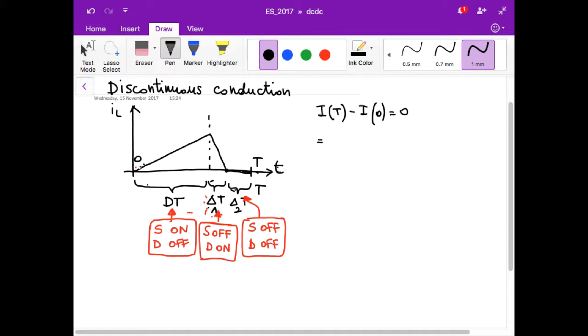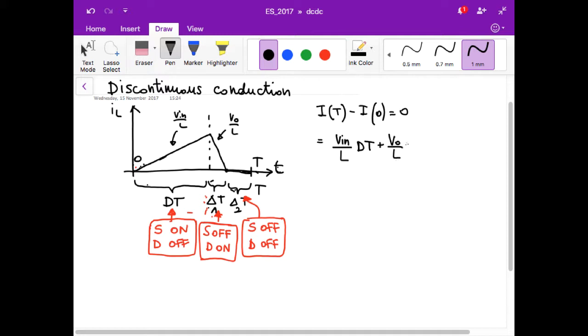So this means that the variation during T on, which is V in over L times dT, plus the variation during delta 1 T, which is VO over L, plus 0, is equal to 0. V in over L is the slope during T on, and VO over L is the slope during T off.